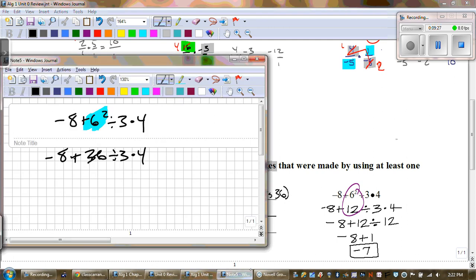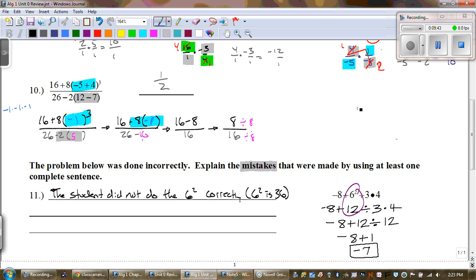Now, the next thing that I would do is from left to right. Remember, because we do order of operations from left to right, I would divide. So we get negative 8 plus 12 times 4. Well, what did they do? They solved division. They multiplied. Okay?